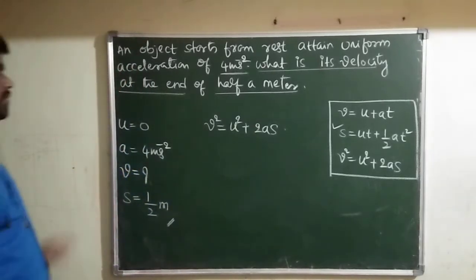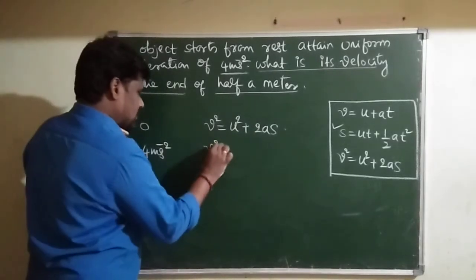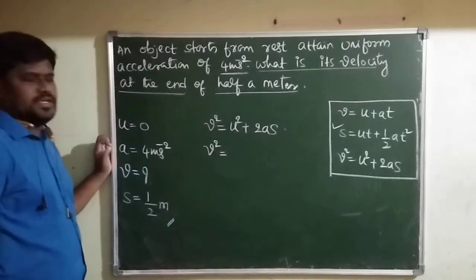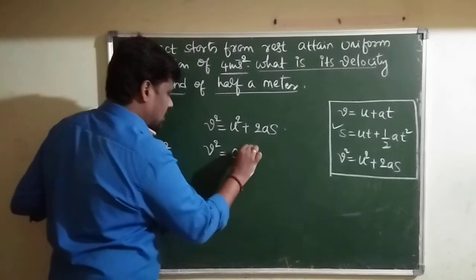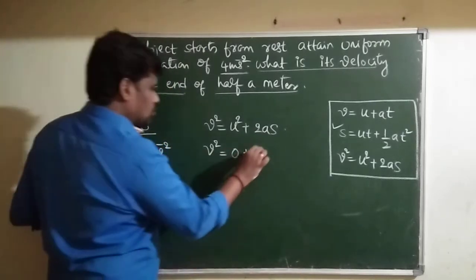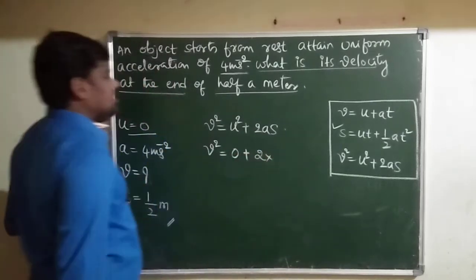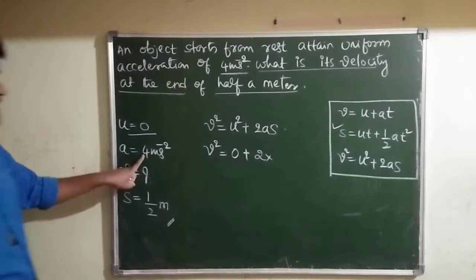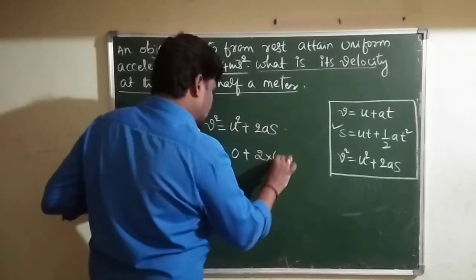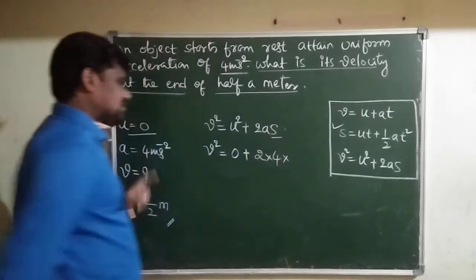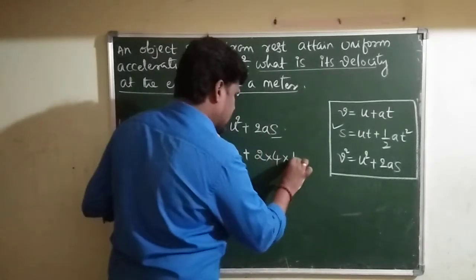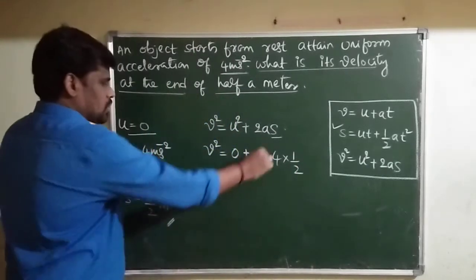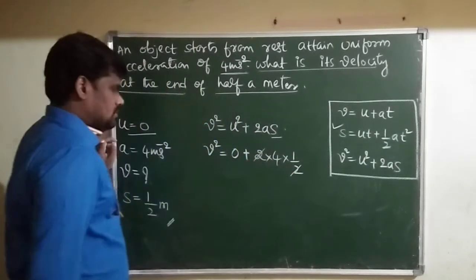Substitute the values you know. V square as it is. Initial velocity is 0, therefore U square is 0, plus 2 times the acceleration, 4, multiplied by S, the distance traveled, half meter, that is 1 by 2. Next step, 2 and 2 get cancelled.